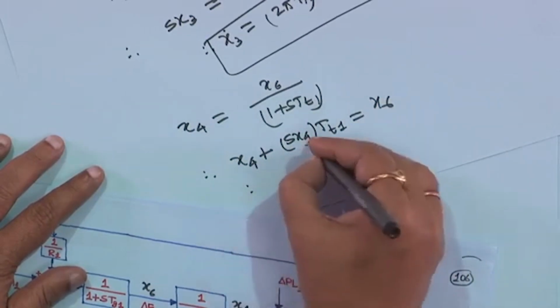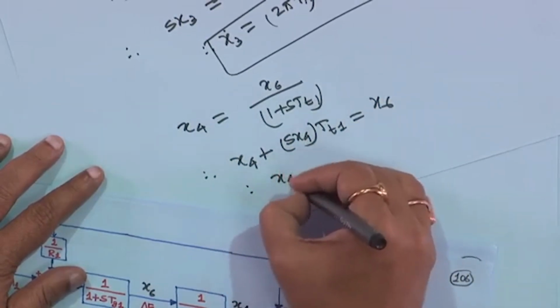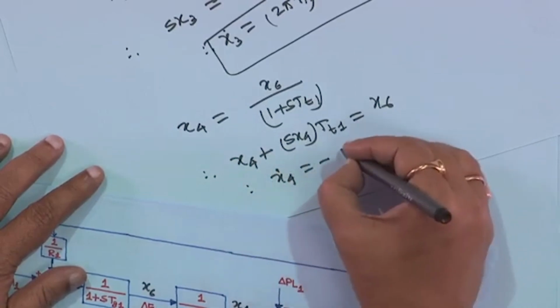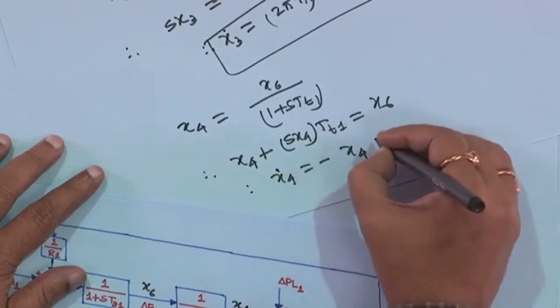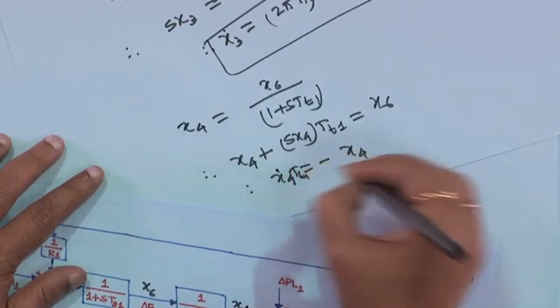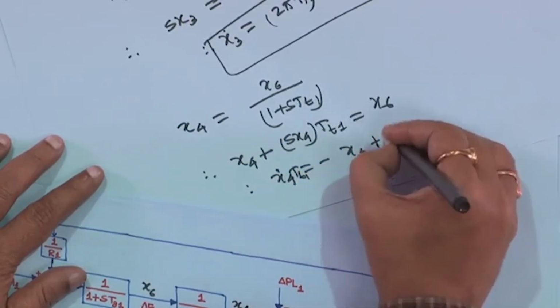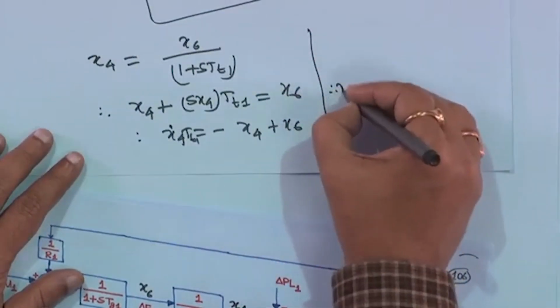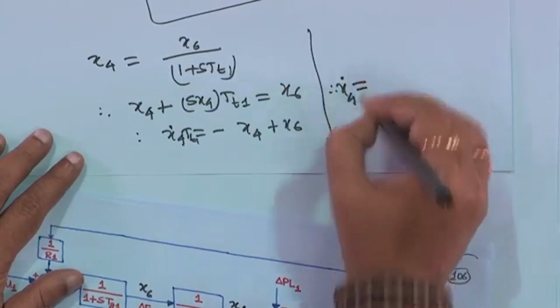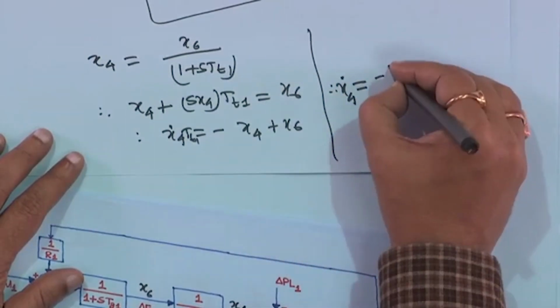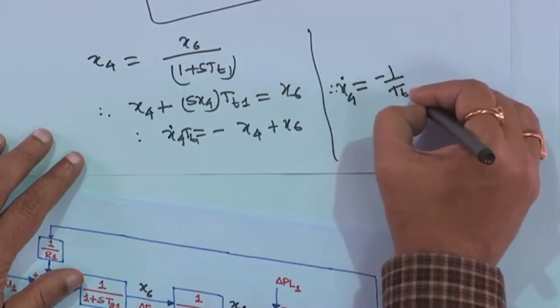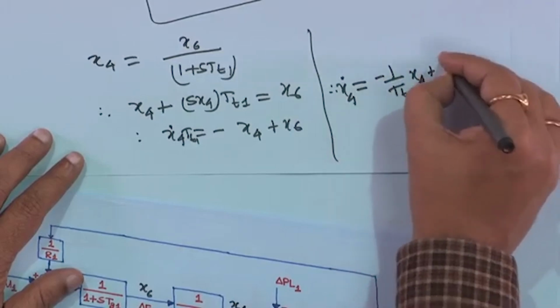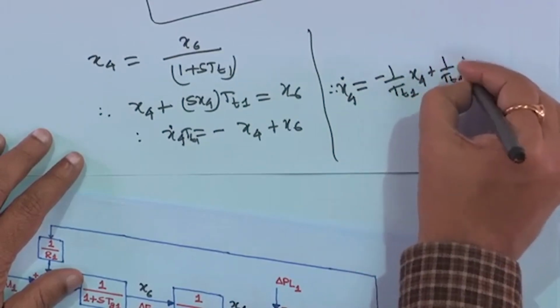That means this is actually x4 dot, therefore x4 dot TT1 is equal to minus x4 plus x6, right. That means x4 dot is equal to minus 1 upon TT1 x4 plus 1 upon TT1 x6.